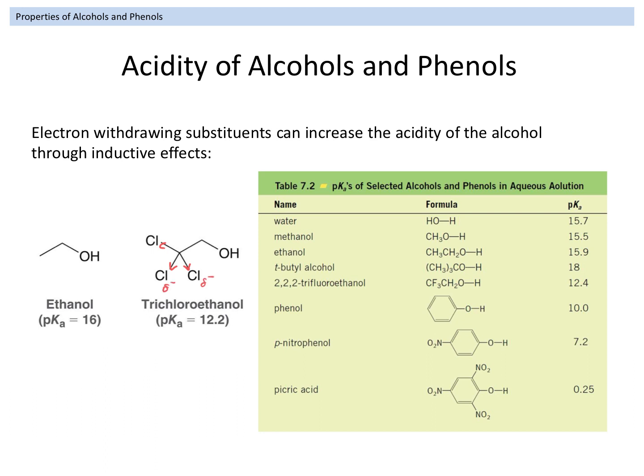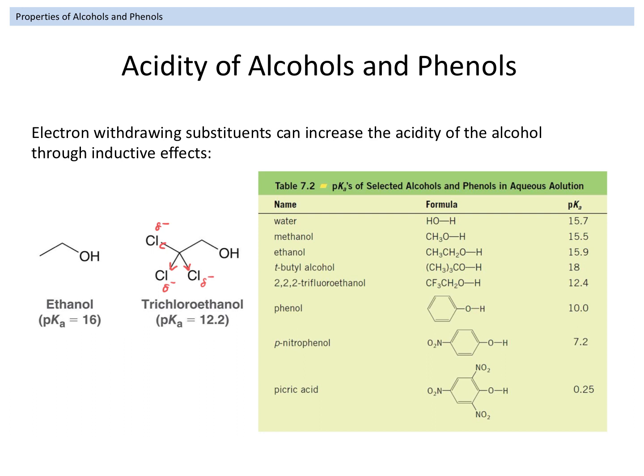The table shown on the slide lists the pKa values of various alcohols and phenols in aqueous solution, highlighting how the presence of different substituents affects their acidity. For example, phenol has a pKa of approximately 10, making it more acidic than ethanol. This increased acidity is due to the resonance stabilization of the phenoxide ion, formed upon deprotonation.